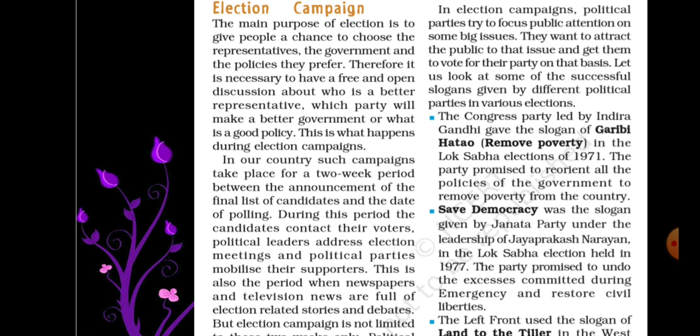In our country, such campaigns take place for a 2 week period between the announcement of the final list of candidates and the date of polling.